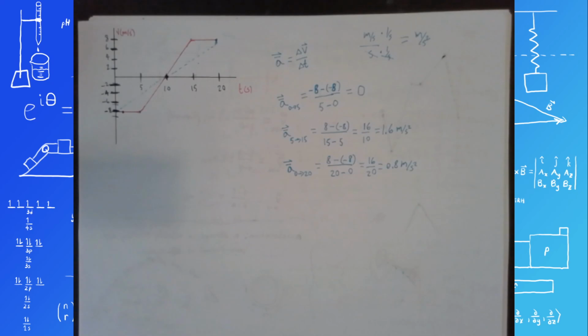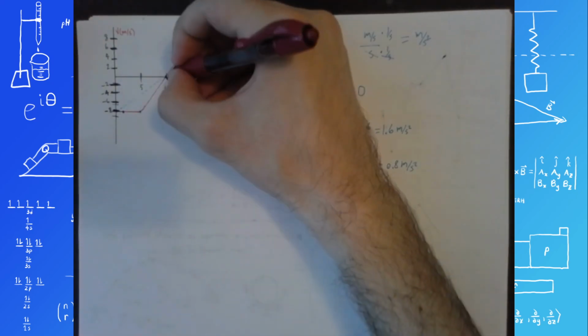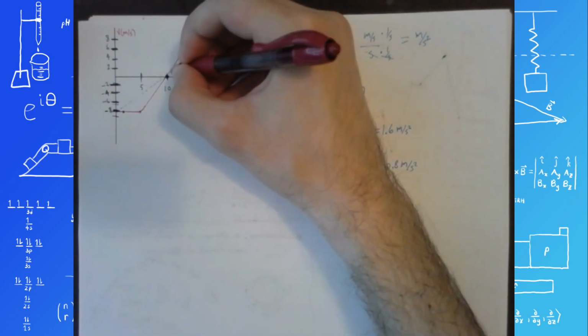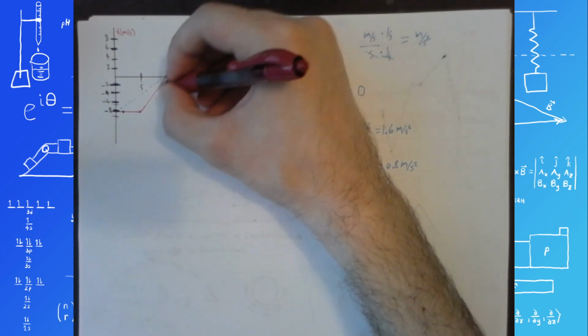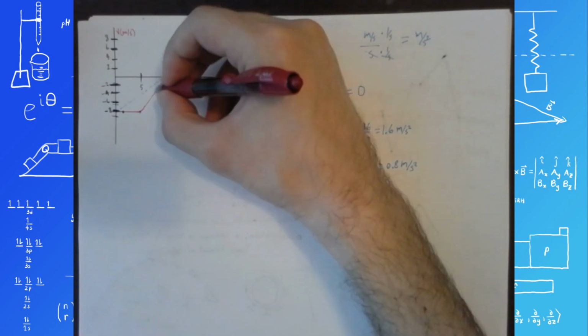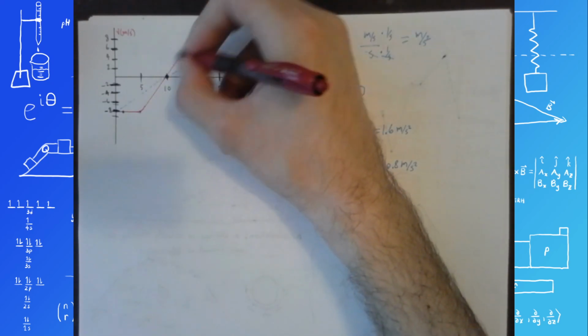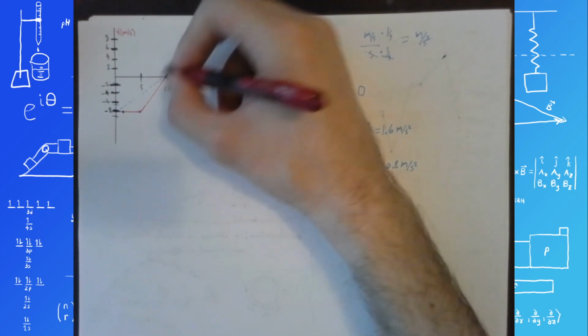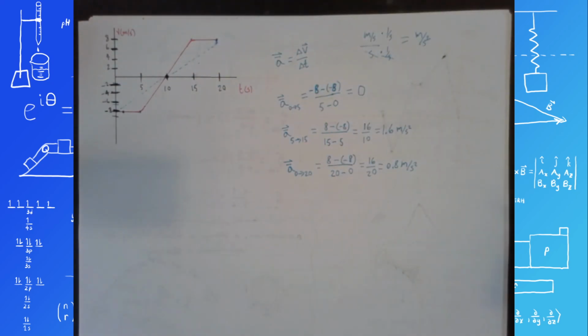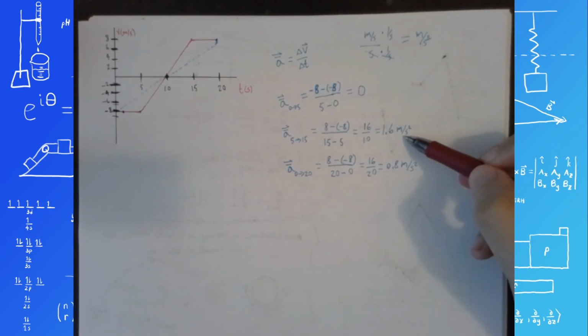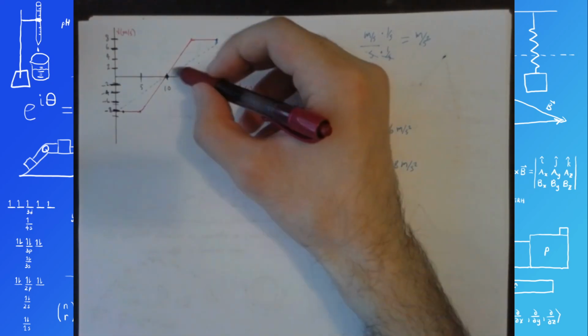What about at 10 seconds? At 10 seconds, the acceleration is the slope of this line segment. You're on this upward slanted line segment, which we calculated earlier, has a slope of 1.6 meters per second squared.